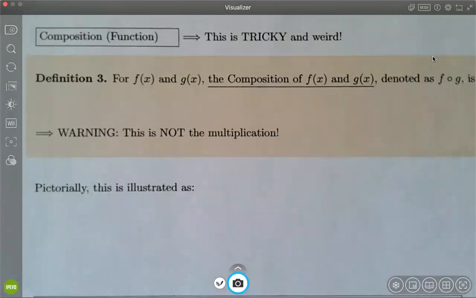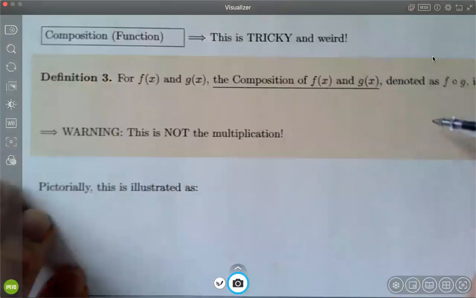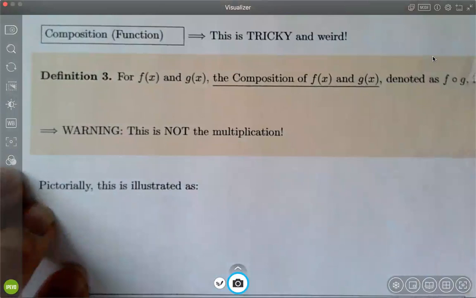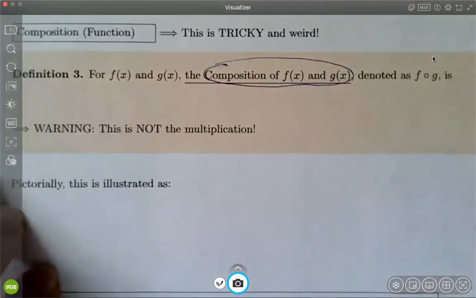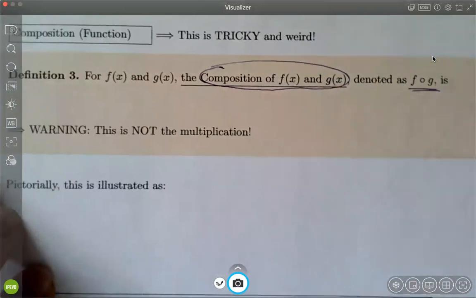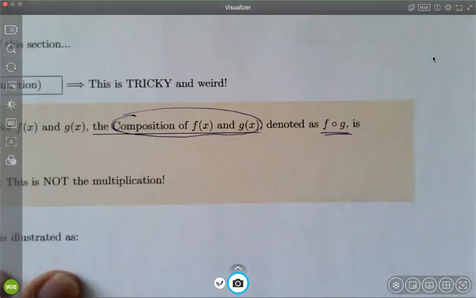Okay, so here is the definition of the composition. So for f and g, the composition of f and g, the notation is f circle g. Okay, so f circle g.